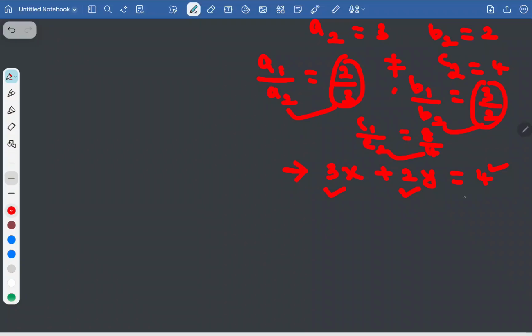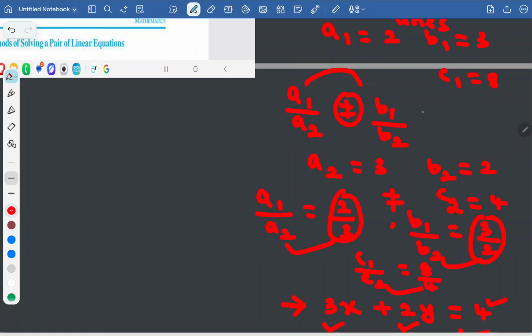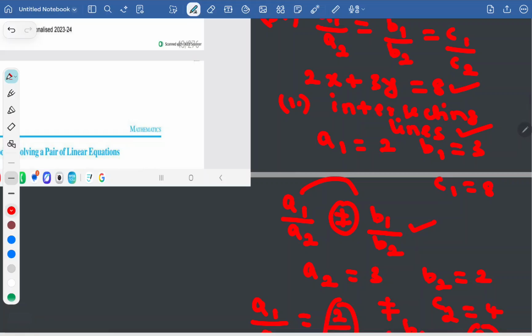Here we have constructed another equation, 3x plus 2y equal to 4. If you compare the ratio, A1 by A2 not equal to B1 by B2, therefore the lines are intersecting lines.